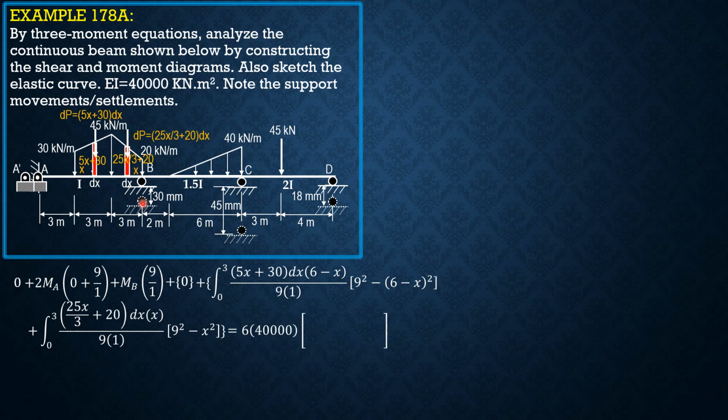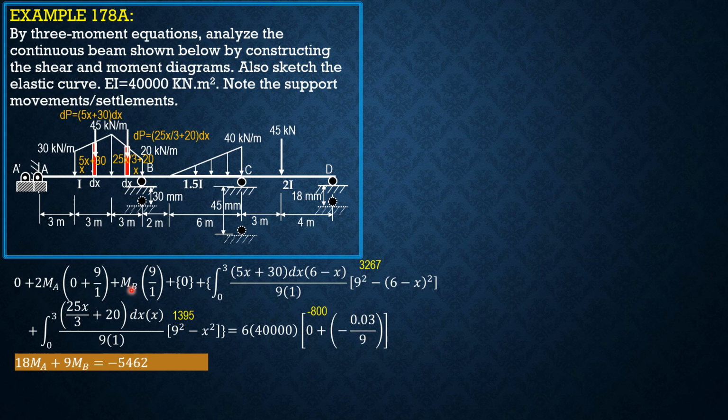So 6 times 40,000 times quantity 0 plus negative 0.03 over 9. Simplifying this integral, that's 3267. This integral is 3095, and this right side is negative 800. So simplifying, 18 MA plus 9 MB equals negative 5462.